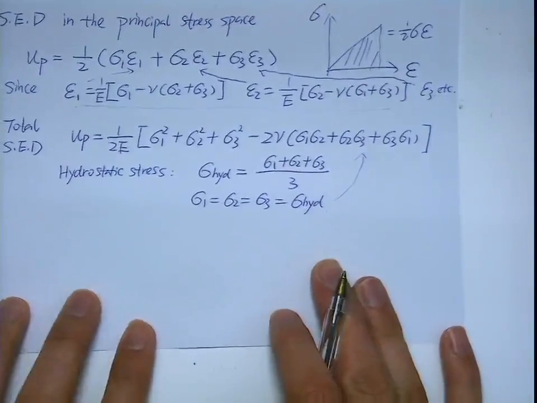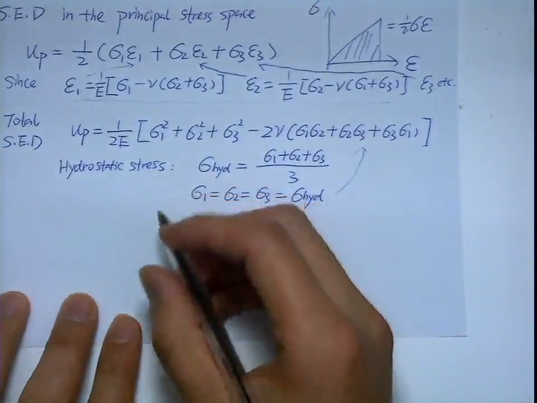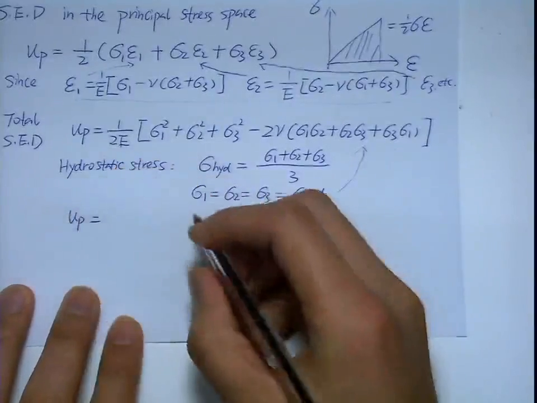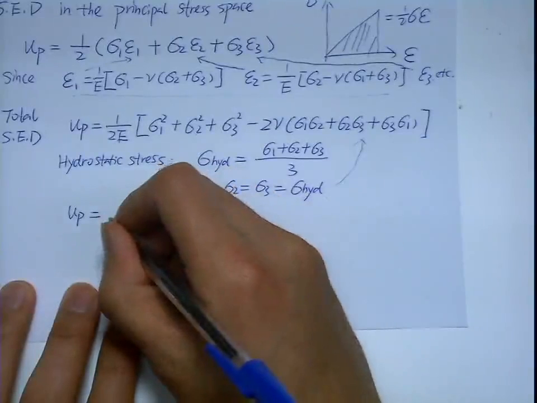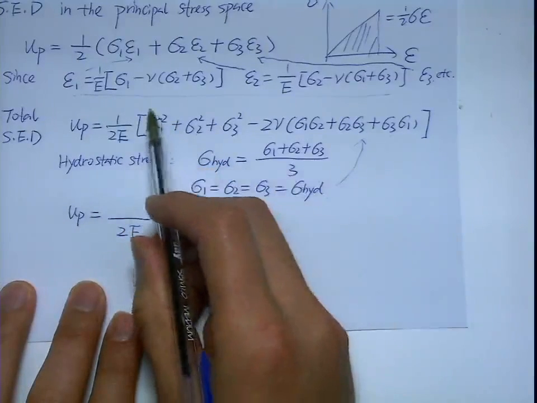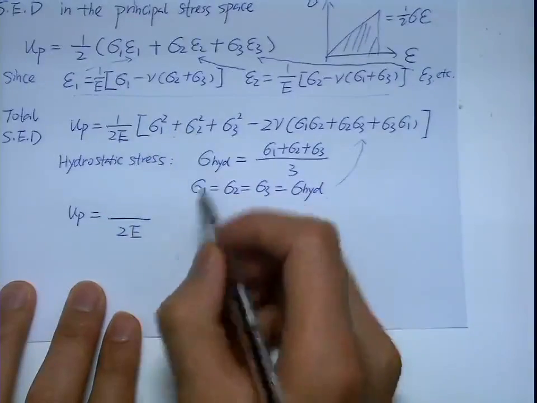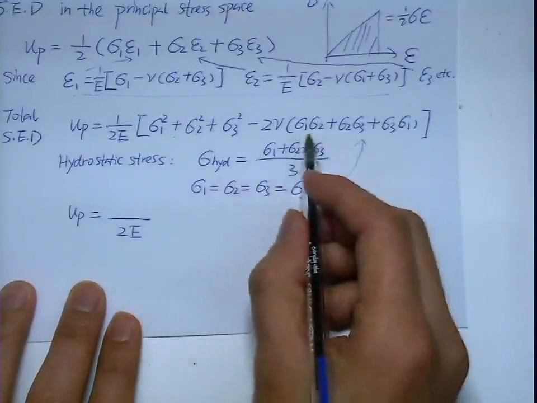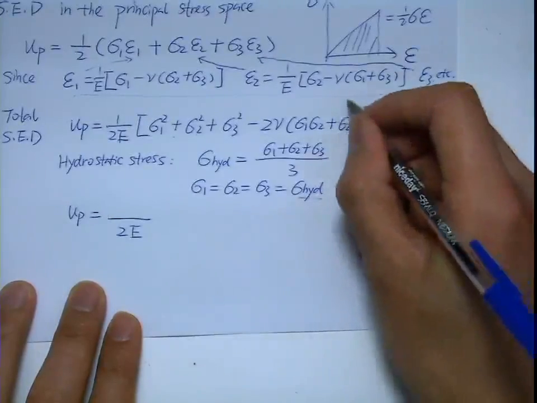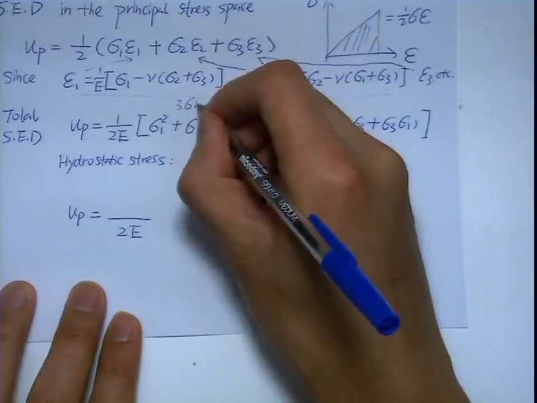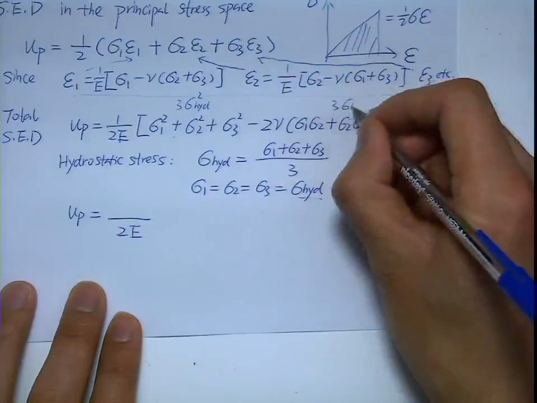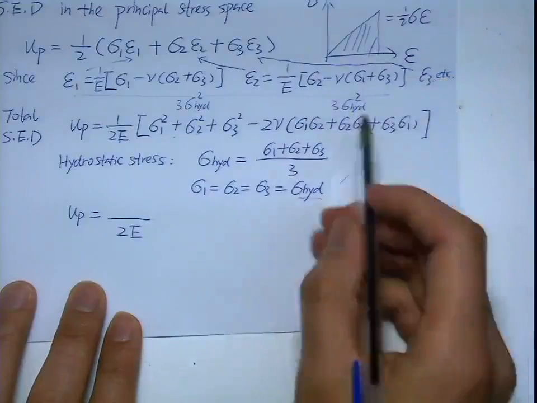What you get is U equal to, so you can see here there's a 3 sigma hydrostatic, and this is again 3 sigma. Here you have this one, here you have this one. You can take them out.